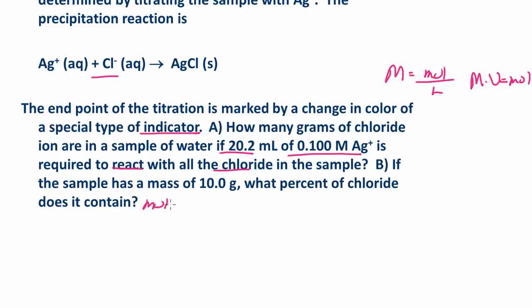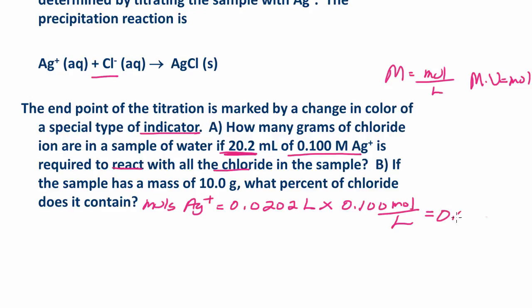So moles of silver ion will be the volume. We have to convert this to liters. 0.0202 liters times the molarity of the silver ion. That's 0.100 moles per liter. And what we get is 0.00202 moles of silver ion.